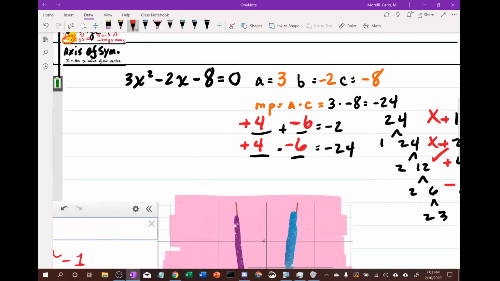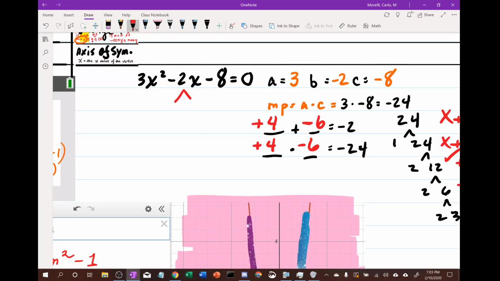So what we're going to do now is split the middle coefficient. I want to put the right number here to go with the 3 and the right number to go with the 8. So which one do you think goes with the 3, the 4 or the 6?